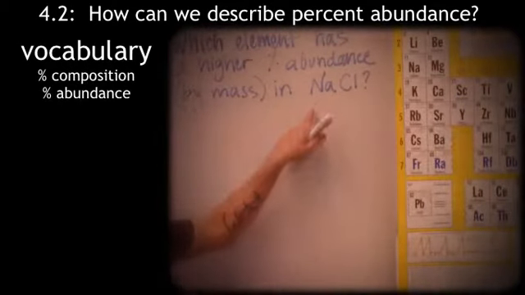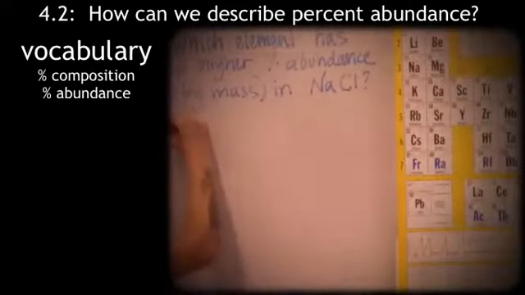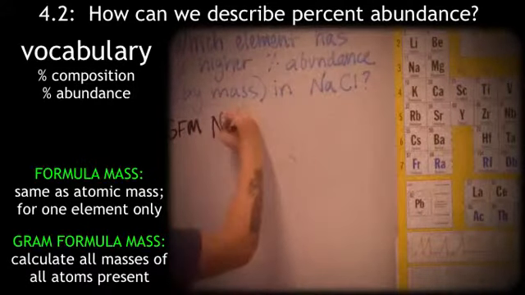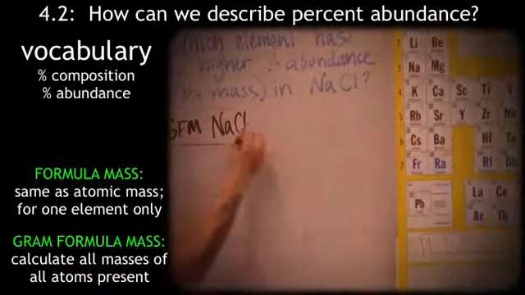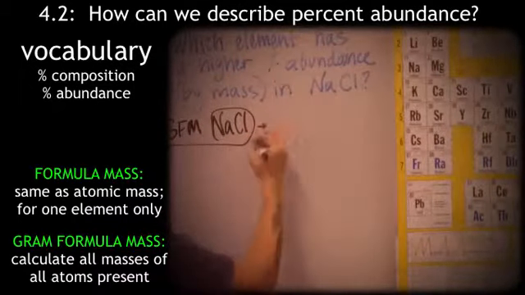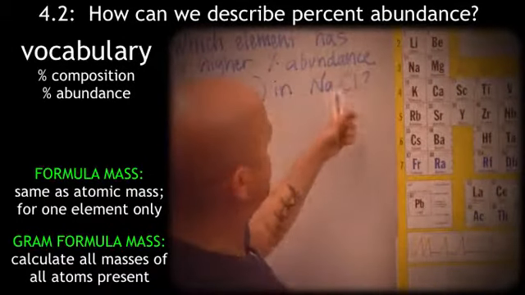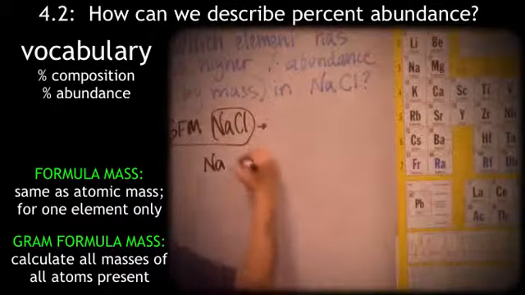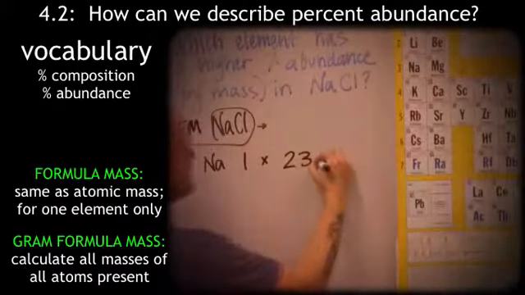Now we're going to look up sodium chloride. First of all, we need to figure out the gram formula mass of NaCl. That is the whole. So this is sodium. There is 1 sodium present here, so it's 1 times the mass, which is 23 grams.